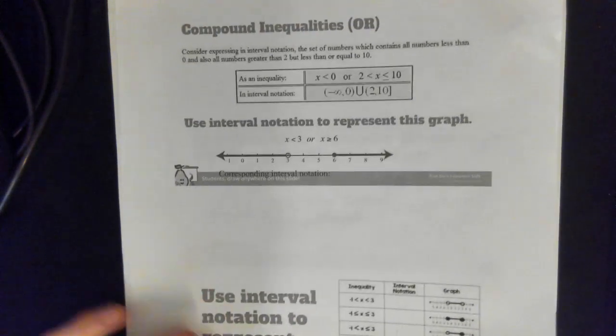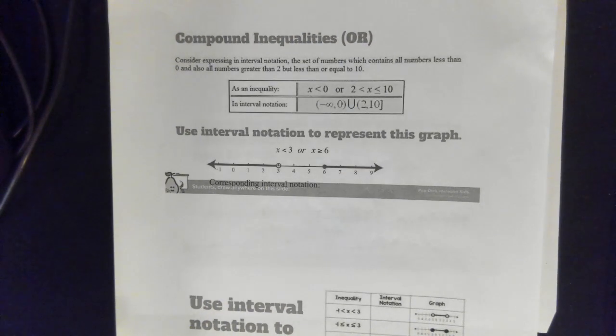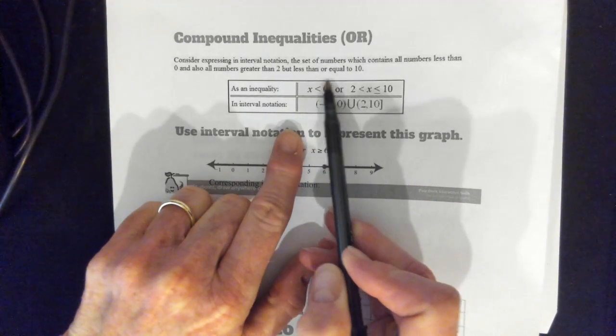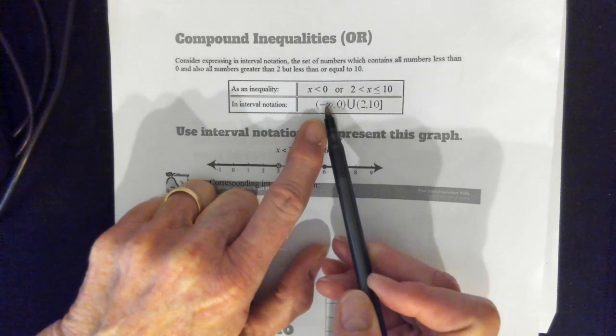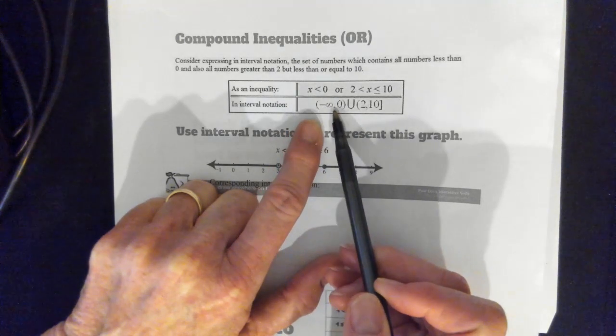So here what I'd like to show you is, how do you write a compound inequality in interval notation? I wrote it on top as an inequality, and then I wrote it in interval notation. Looking at just this one, x is less than 0. That means it's going to the left, negative infinity, comma 0.